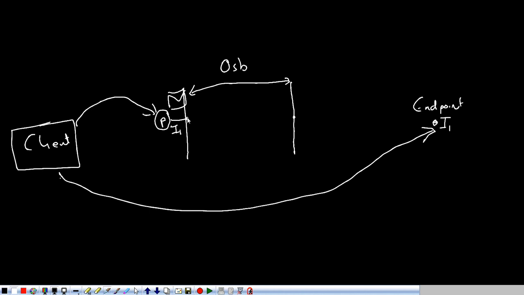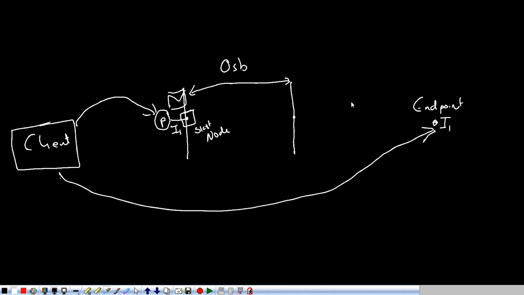When the message enters the system, this point is represented by the start node.